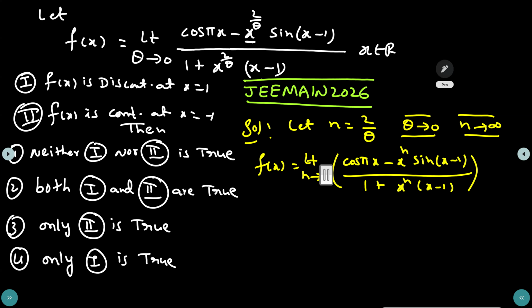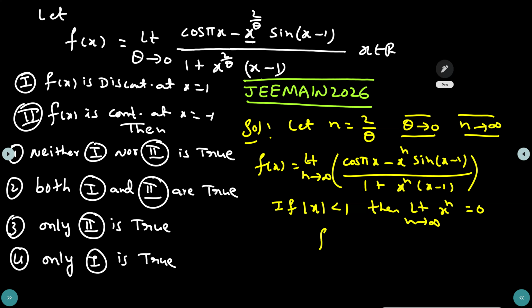Now this limit value depends on mod x. If mod x is less than 1, then limit n tends to infinity, x to the power n is equal to 0.